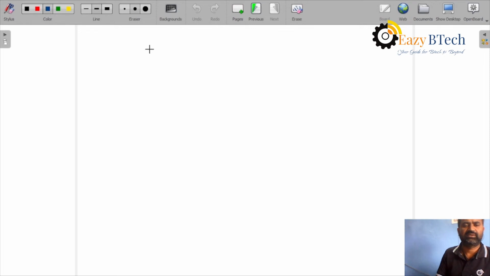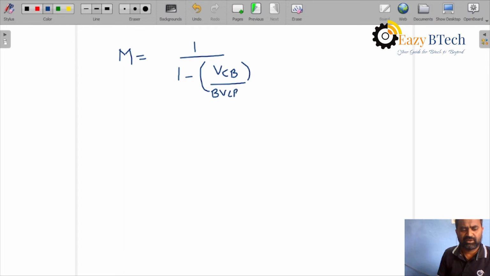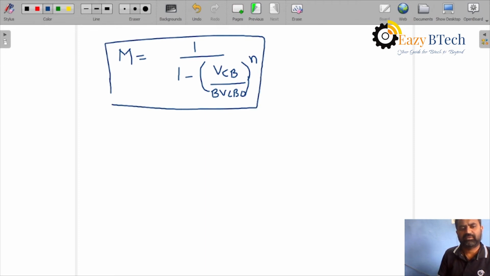M, the avalanche multiplication, is equal to 1 by 1 minus (applied voltage VCB over VCB naught) to the power n. This is the avalanche multiplication factor, where M is the avalanche multiplication.